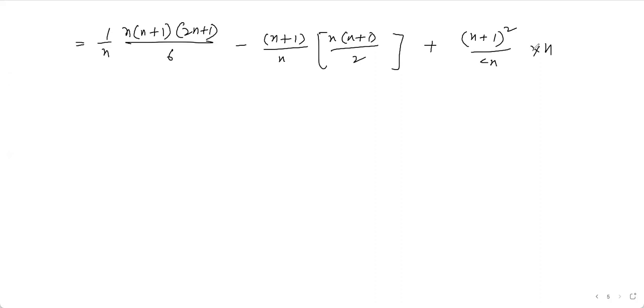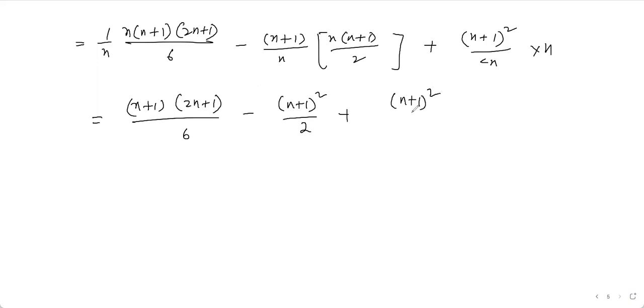Further simplifying, this is n plus 1 into 2n plus 1 by 6 minus n plus 1 whole square by 2 plus n plus 1 whole square by 4, and this is n plus 1 into 2n plus 1 by 6 minus n plus 1 whole square by 4.